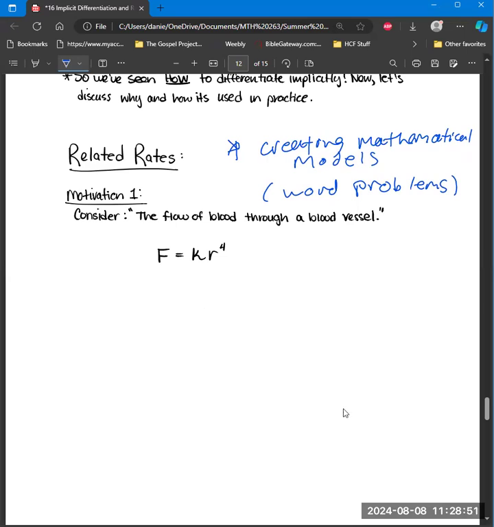So the flow of blood through a blood vessel can be given as F equals K R to the fourth. So K is a constant. F is equal to the blood flow. R is equal to the vessel radius.